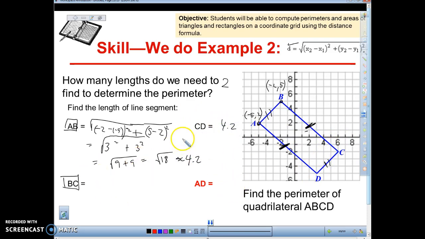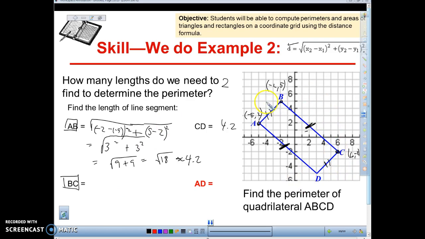BC, I'm going to calculate this guy by doing the same exact thing. I'm going to use the distance formula. So -2, 5, and then this point right here is 6, -2. Okay, so 6, -2.